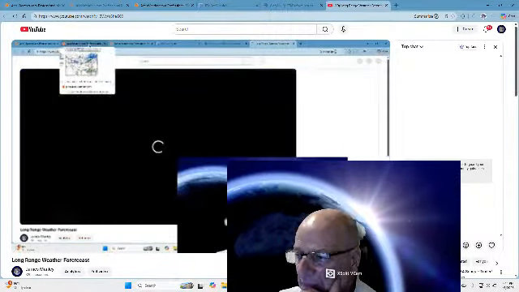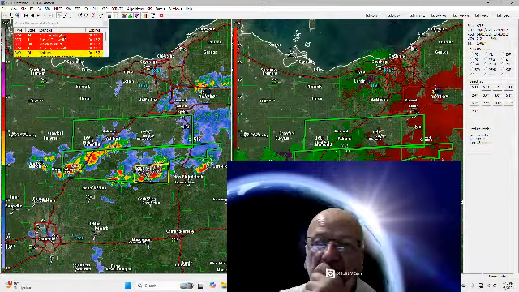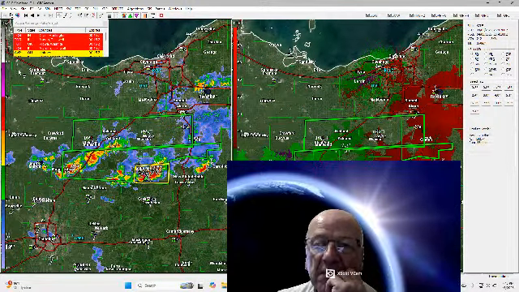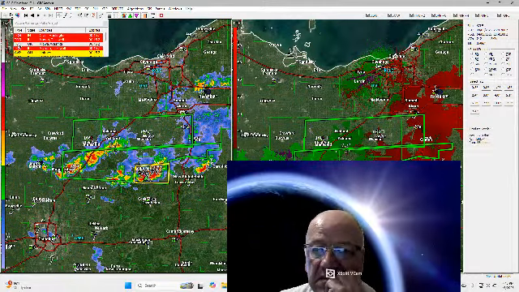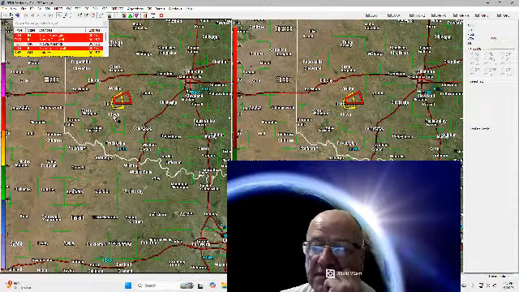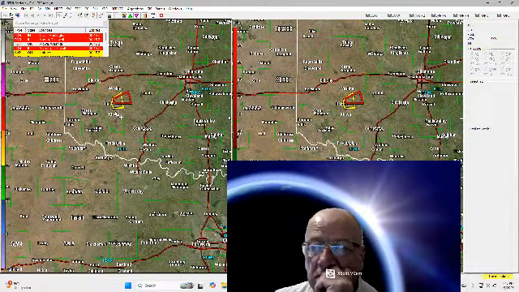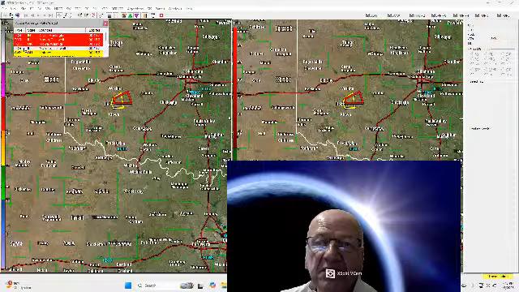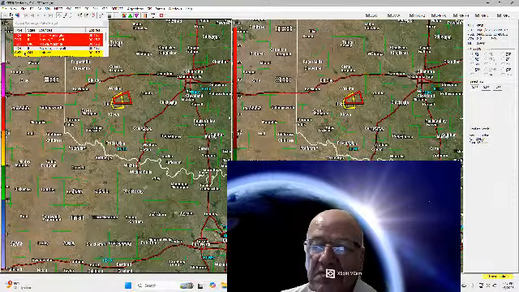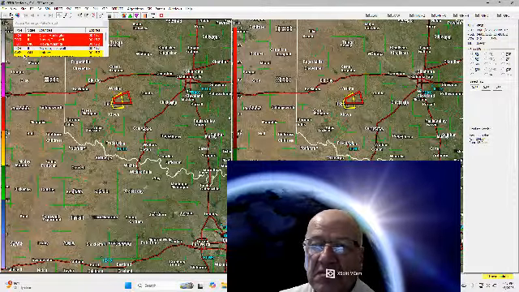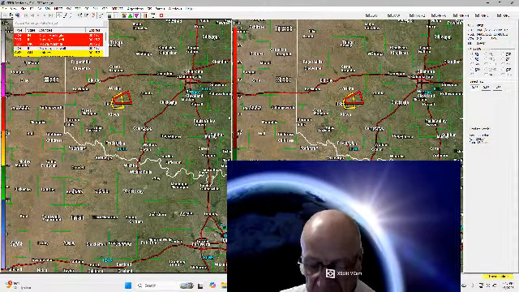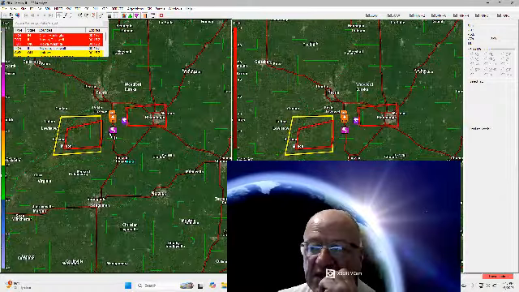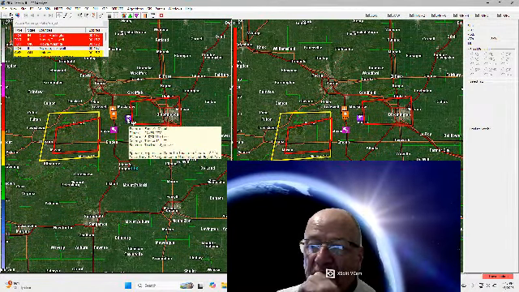Okay, we'll go back to the radar again. Okay, they were popping up a little bit. We're just keeping an eye on the problem areas. Okay, we're going back to this area where there already was another tornado or a funnel cloud.